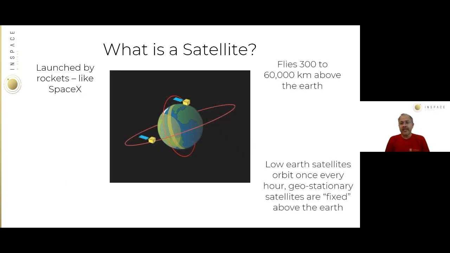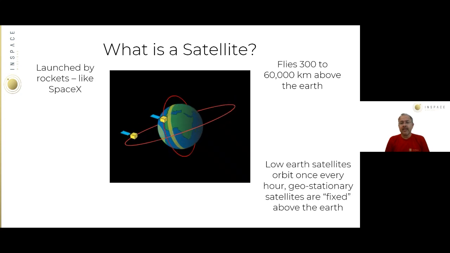When they are launched into space, they can be as far as 60,000 kilometers above the Earth's surface, or can be in what we call low Earth orbit, 300 kilometers. In low Earth orbit, they can go around the Earth as fast as once every hour. But there is what is called geostationary orbit, in which satellites can be right above the Earth over one point at all times as the Earth rotates.